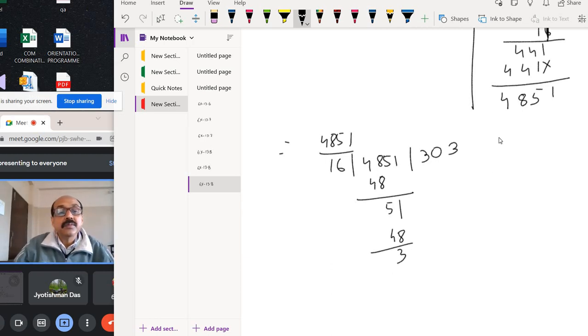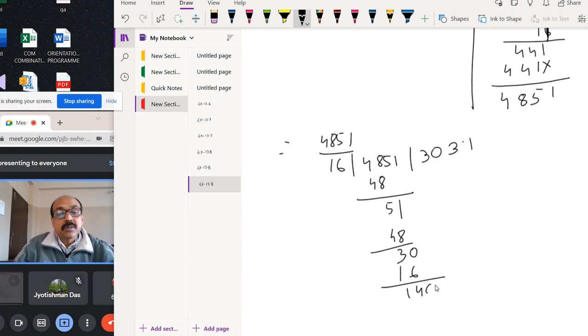Then decimal point. Take a 0, 30, 16 into 1, 16, remainder 14.